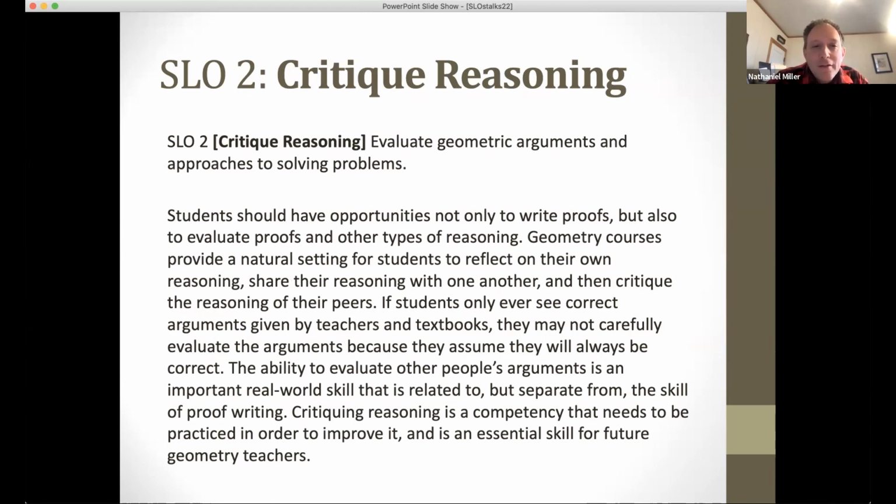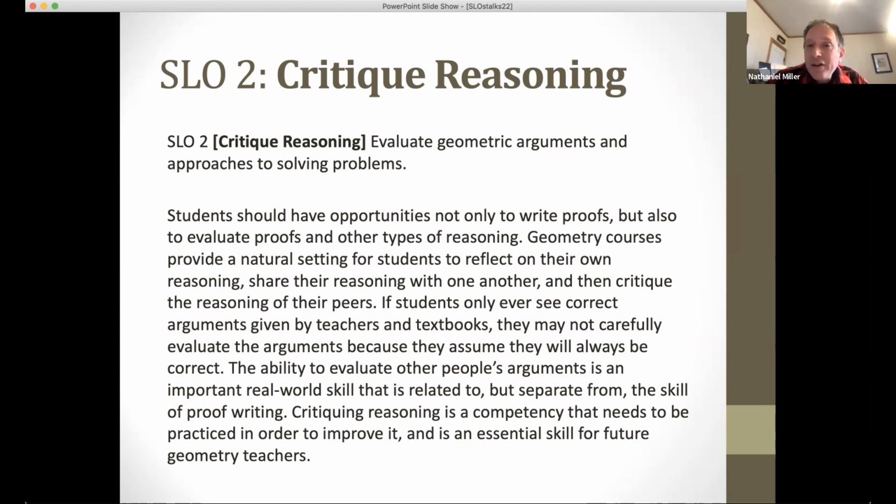But we think that students should have not only opportunities to write proofs and to write their reasoning out, but to evaluate proofs and other kinds of reasoning. That could be they're working in a group and somebody in their group says, oh, I think this is true, and says something, and then they're critiquing it. Or it might be more formal. It might be a written proof. It might be a student presenting at the board.